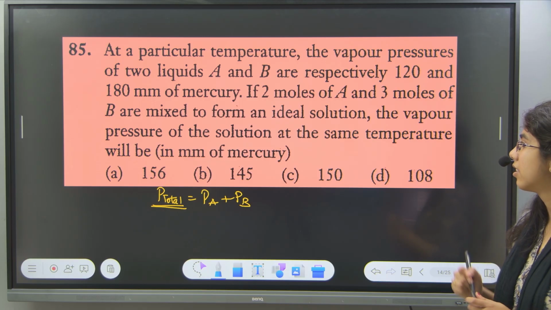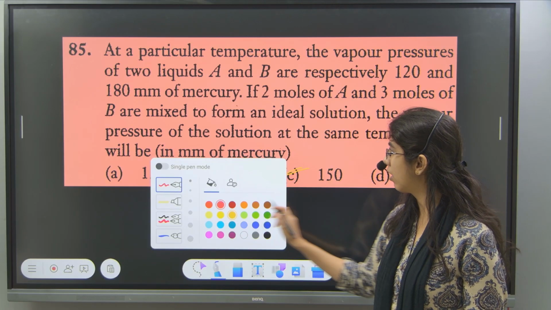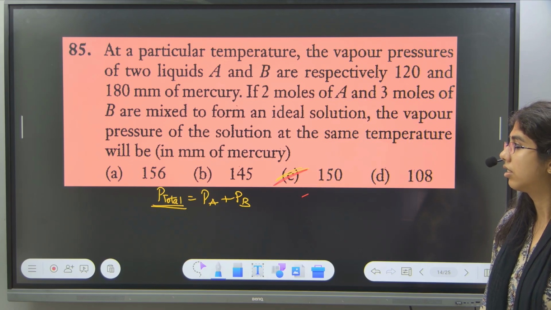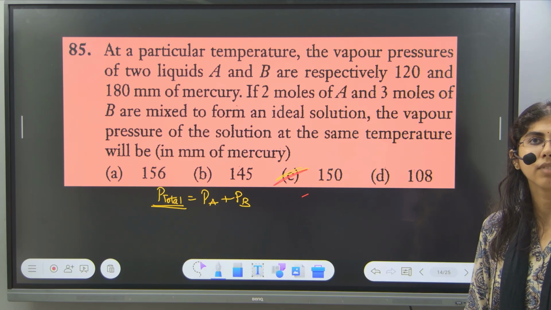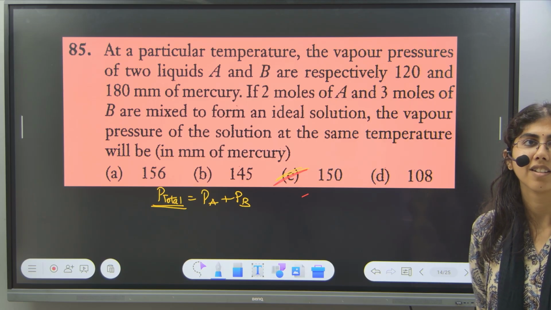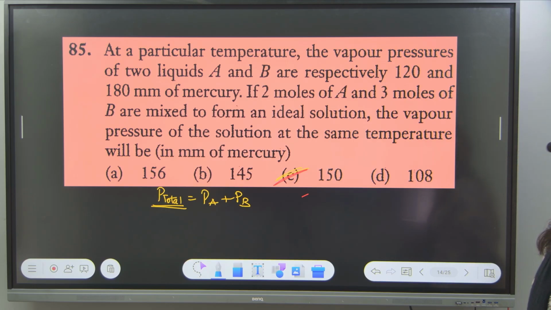Option C. Okay. Any other answer? Option C. No other option?